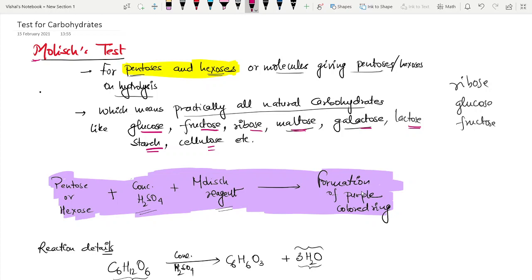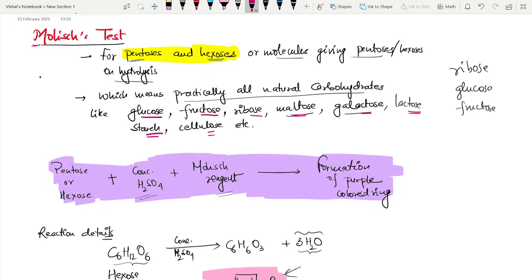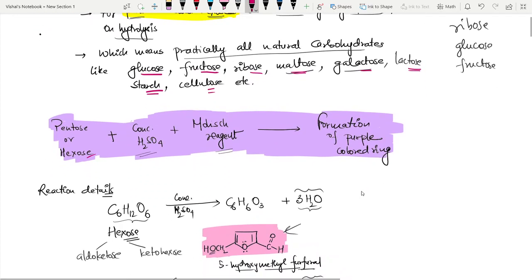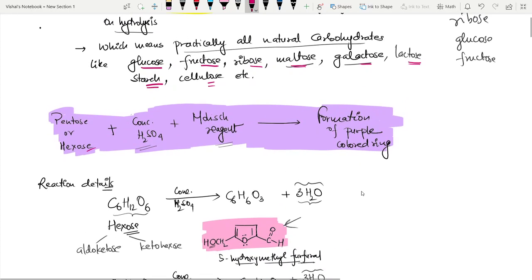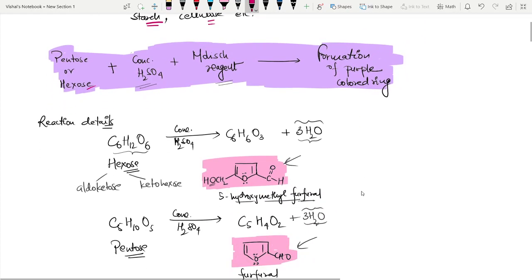What is the procedure for this test? You have to mix this pentose or hexose sample with concentrated H2SO4 and then use the Molisch reagent, which is alpha naphthol. What alpha naphthol is, we will discuss a little bit. This is your hexose, it could be either aldohexose or ketohexose.